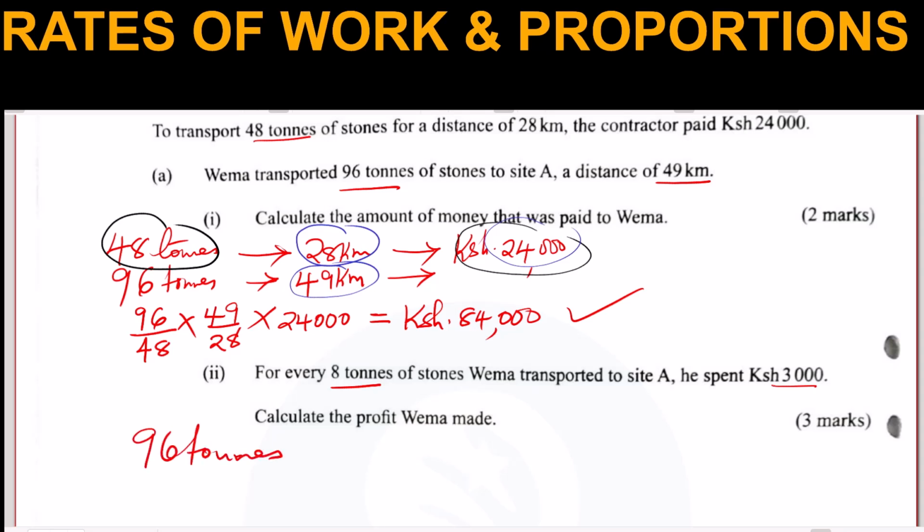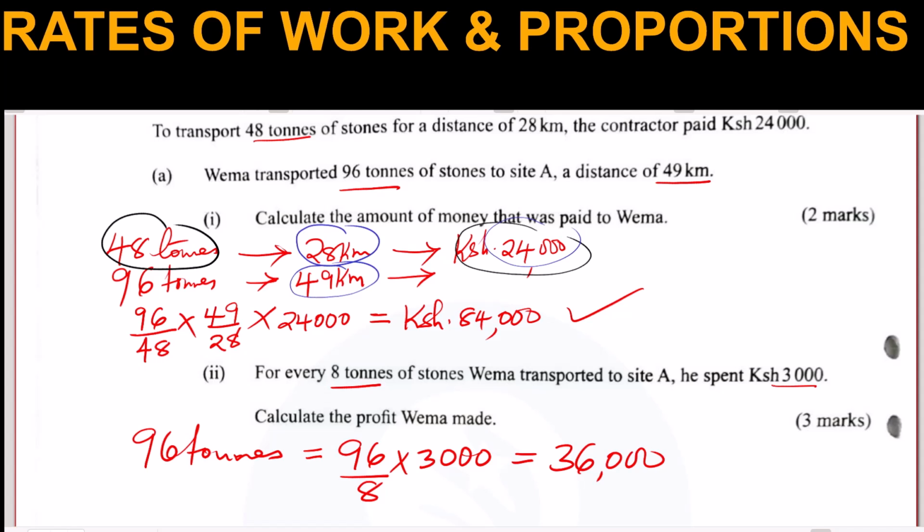Because he's spending 3,000 for every 8 tons, we take 96 divided by 8, and then multiply by 3,000. So he spent 36,000. That is the amount spent.